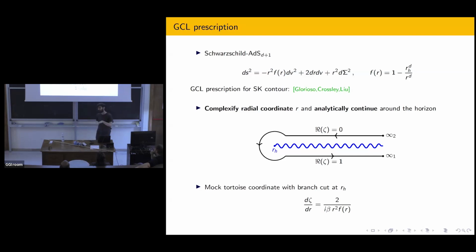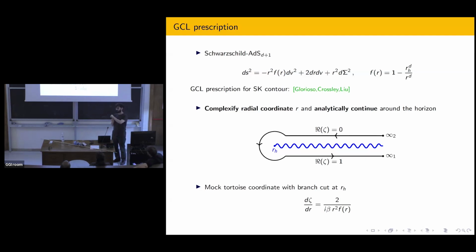Okay, good. This is a branch cut on the advanced Green's function. You will see it in a couple of slides. So if, for example, we solve, as we will do, the scalar field on this contour, there are ingoing and outgoing modes. So the outgoing modes will have a branch cut, as shown here.